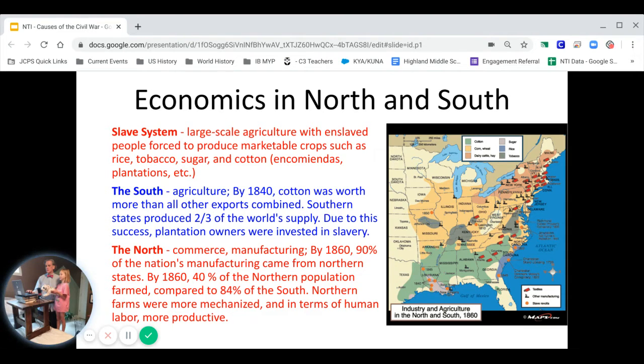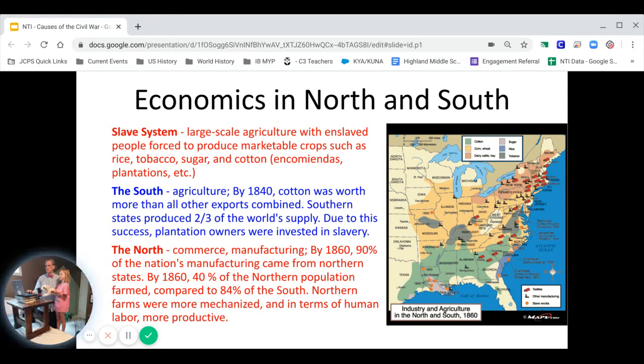40% at that time were involved in farming, and this is going to include people in the Midwest. And in the South, we're looking at 84%. And a big difference is in the North, the farms were more mechanized. They used different machines, plows, and all those types of things to work the land.